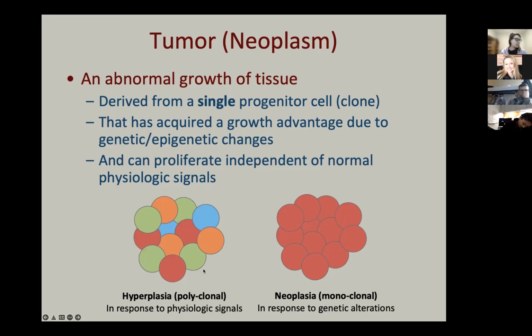This is different from hyperplasia, which is in response to some kind of physiologic signal, some kind of hormone that's circulating in the body, and is not monoclonal, it's polyclonal, right? So the red cell divides, the green cell divides, the orange cells divide, not just that single stem cell, but all the cells in that milieu that are responsive.